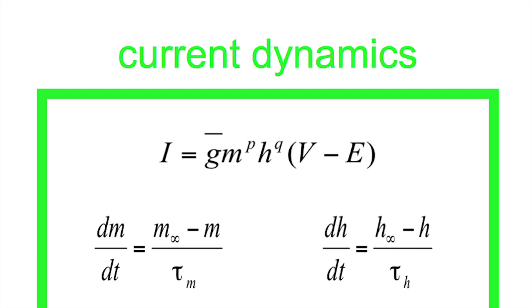And if you now think about what would happen if all the channels were fully activated, so M equals 1, and fully de-inactivated, these are complex terms, so this would also be 1, then that would mean all the ion channels of that type would be open, and that's when your membrane conductance for that ion type is G bar. So this is if all the channels of that type are open. They almost never will be because these factors are between 0 and 1, but that's what a maximal conductance is.